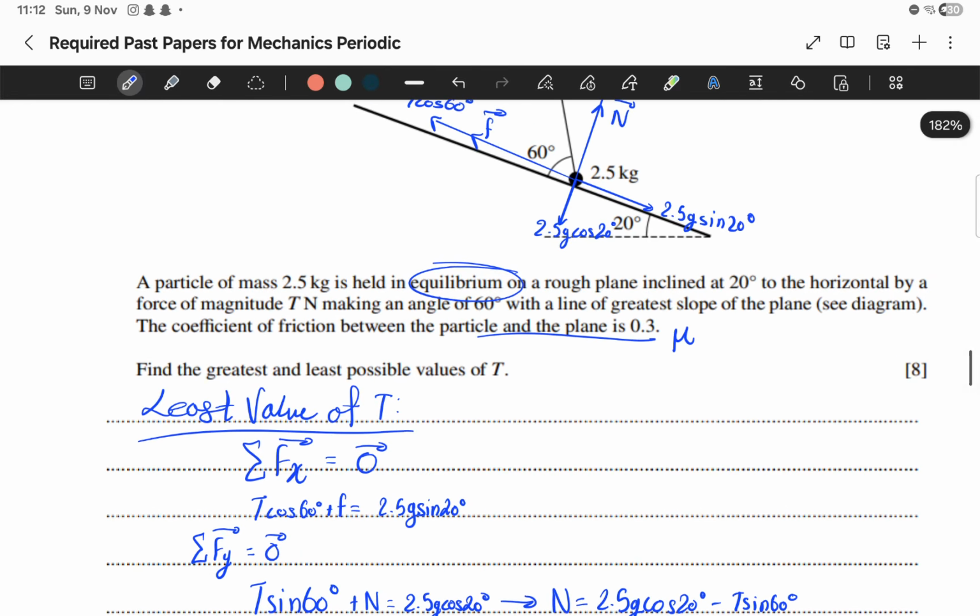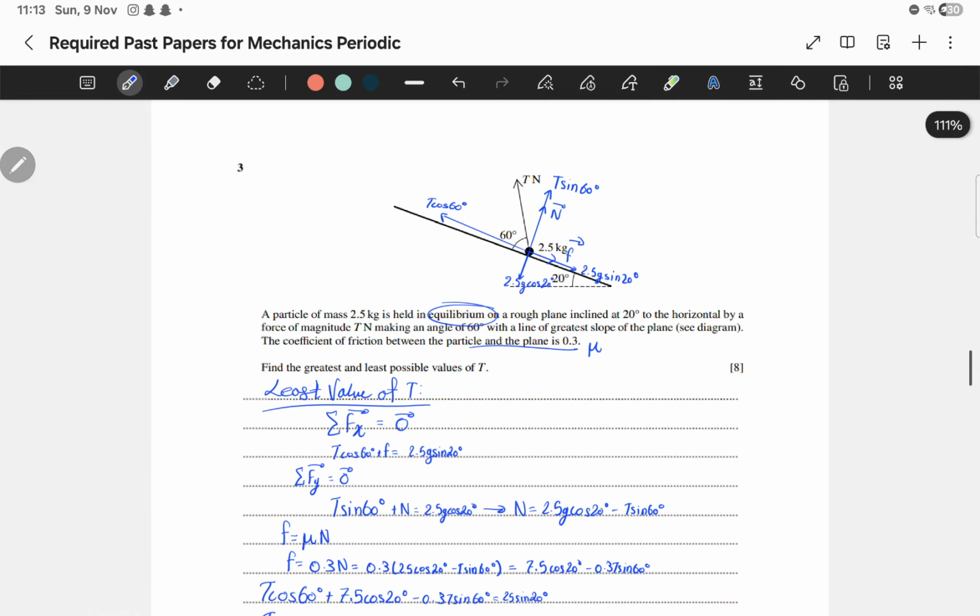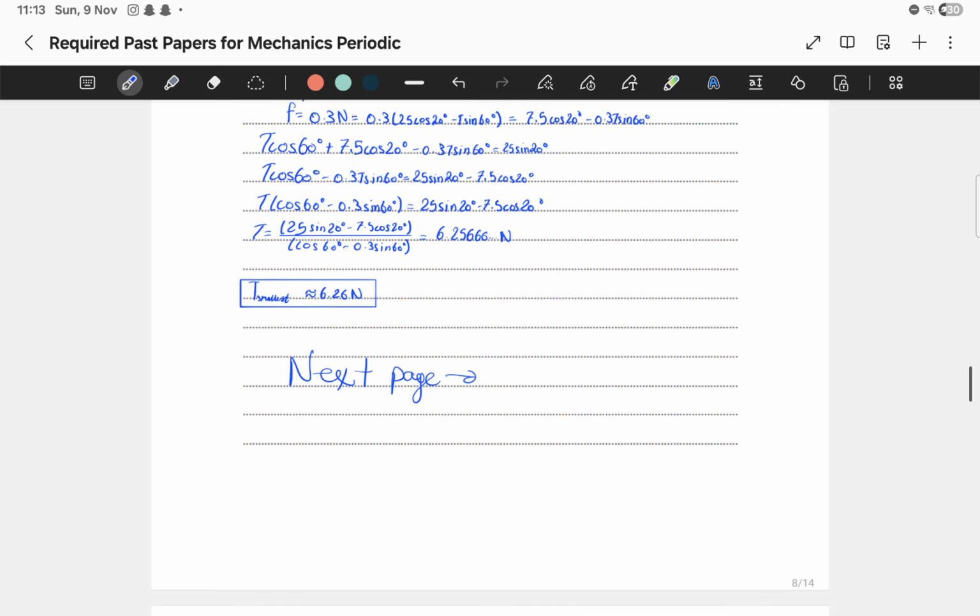You know how here we said friction is in the same direction as T cos 60? Now it's different because the greatest value of T means that the x component of T is greater than the weight component, so it's going to oppose it. So friction is down here. That's the only change. Everything else is the exact same calculation. Same process, so this should take me less time.